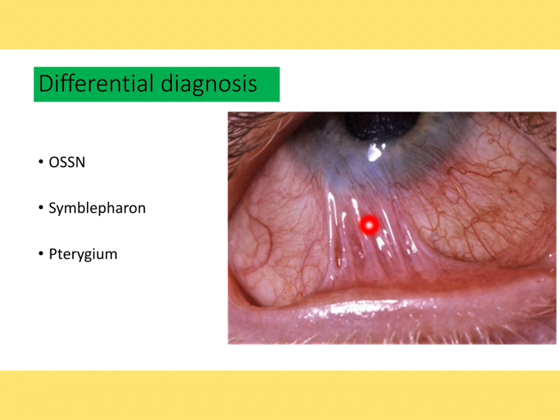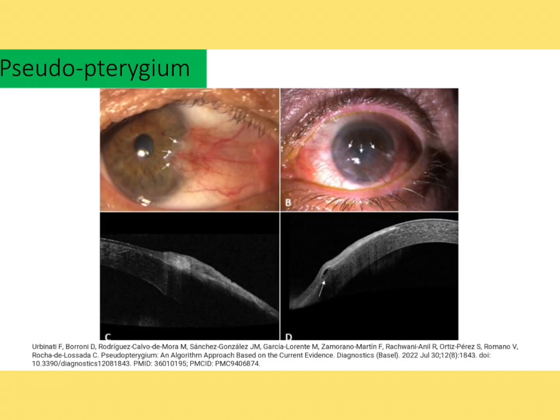So it also looks like pterygium, but it's not pterygium. It is mostly seen in the inferior portion of the eye, but pterygium is not seen in inferior or superior. It is mostly seen in the nasal and temporal side. Okay, so here this thing that you need to look at is known as pseudopterygium.